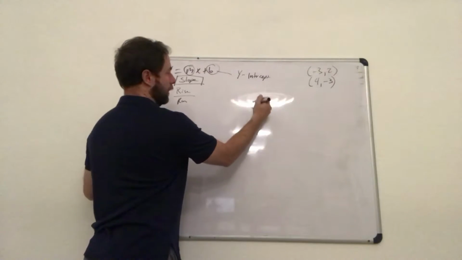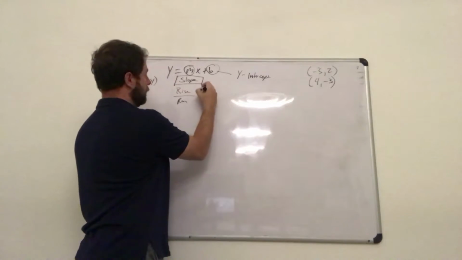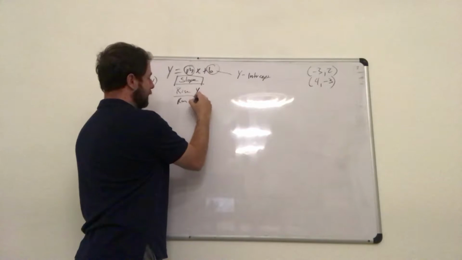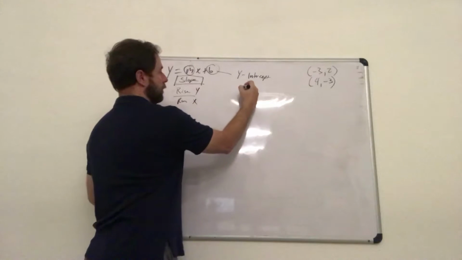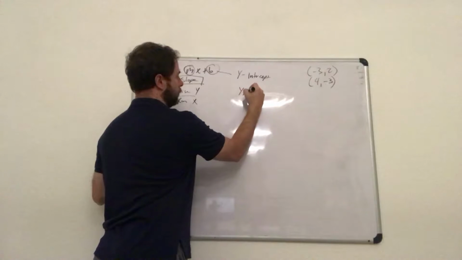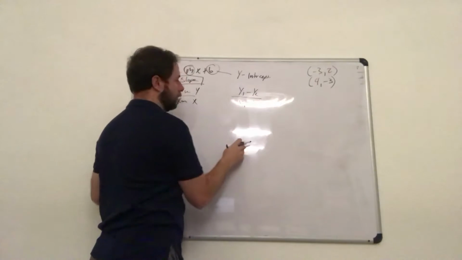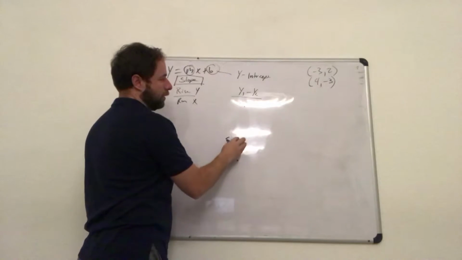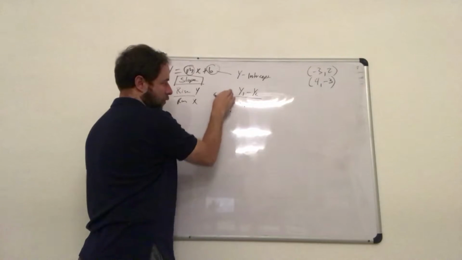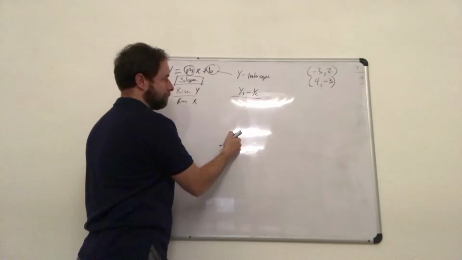The rise is the y, the run is the x. So you do y1 minus y2 over x1 minus x2. It doesn't matter which one you put first, as long as you're consistent with the same coordinates first and the same coordinates second.